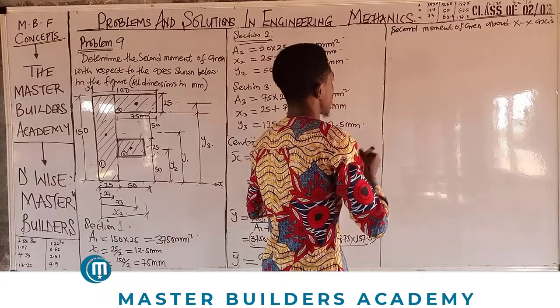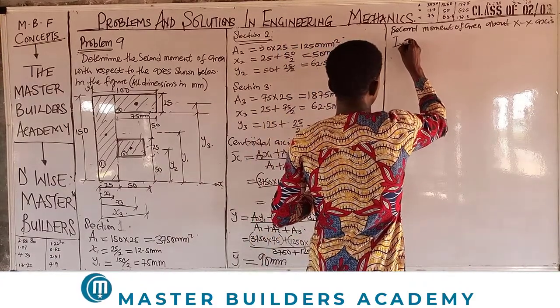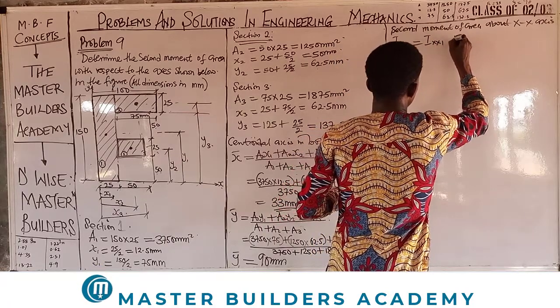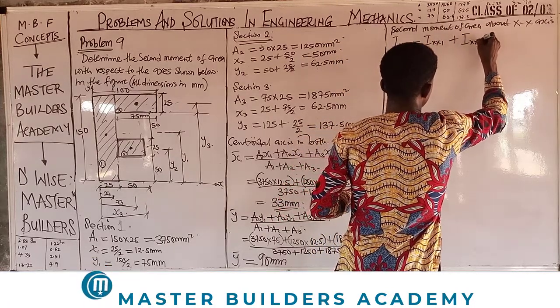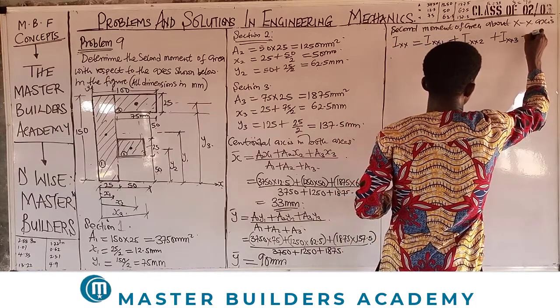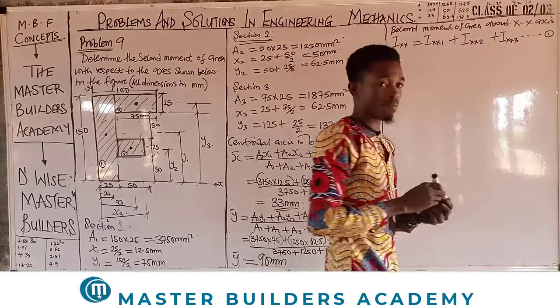For about SS axis, we said that this one will have ISS is equal to ISS1 plus ISS2 plus ISS3. This we will call equation 1.